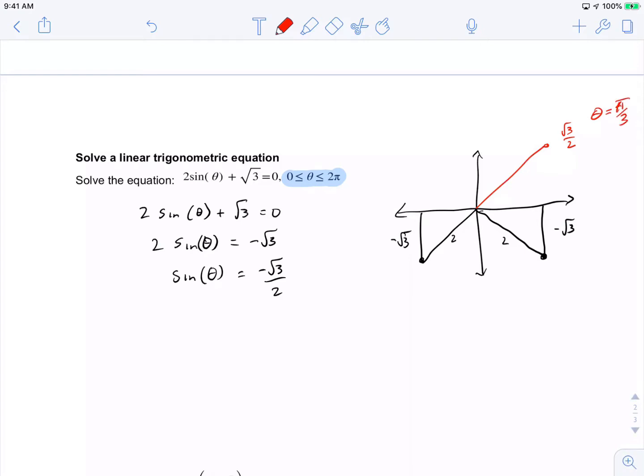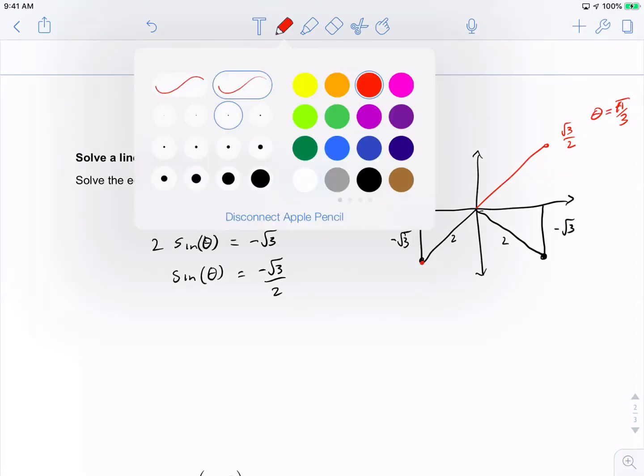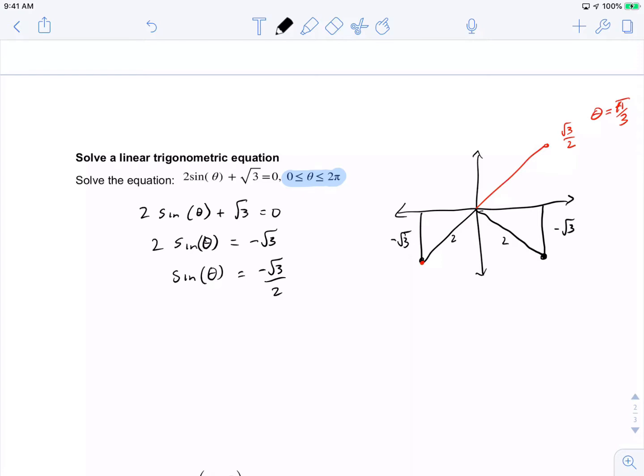And so to get to this side over here, I needed to add a full pi to that. So pi plus pi over 3 gives me 4 pi over 3. And so my first potential answer is 4 pi over 3.